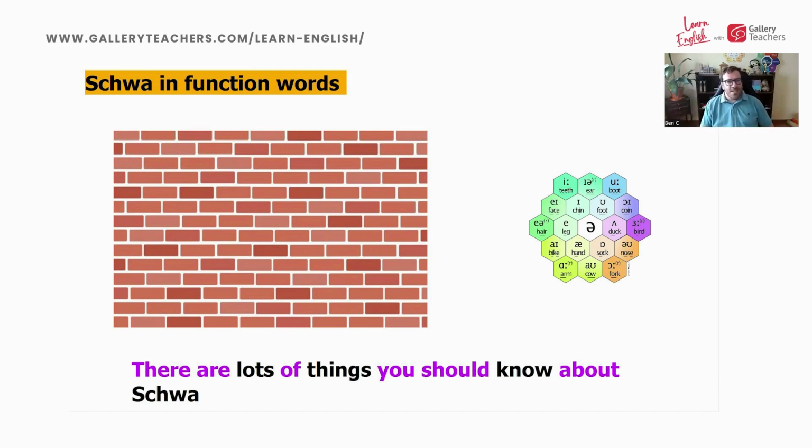But we need lots of other little bits in the wall to make it stand together. You want a wall that you can relax on, you can lean against, and it won't fall over. The cement, the white bits in the middle, or here, the purple words, the function words, the grammatical ones. Because these words are grammatical, we often don't need to pronounce them.